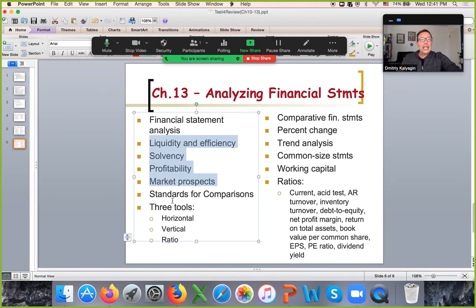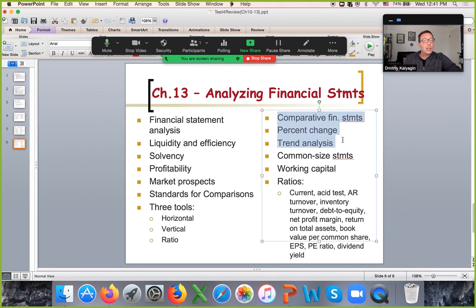I gave you standards for comparisons and 3 methods or 3 tools. Horizontal analysis, which results in comparative financial statements and related percent change and trend analysis. The second method is vertical analysis, which results in so-called common size financial statements. And the third tool is ratio analysis.